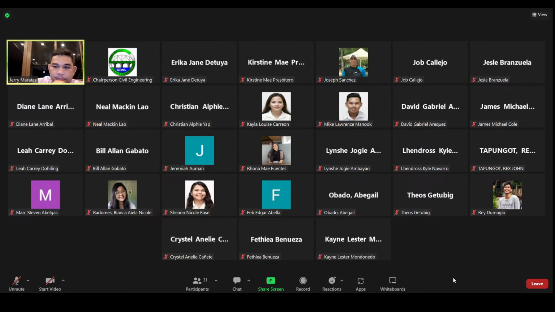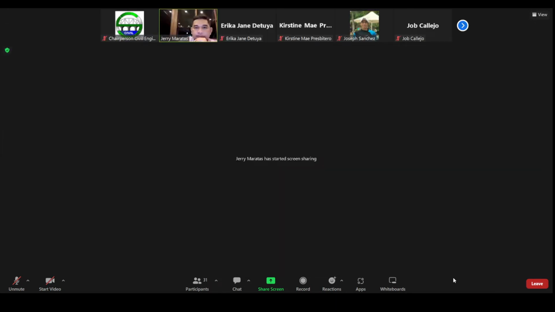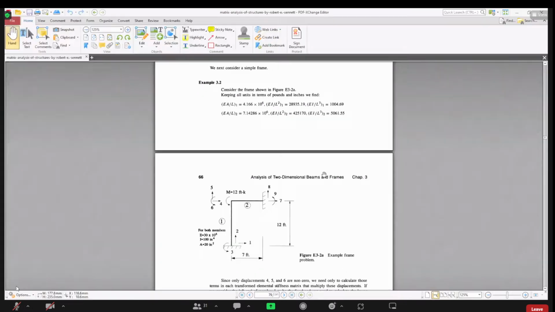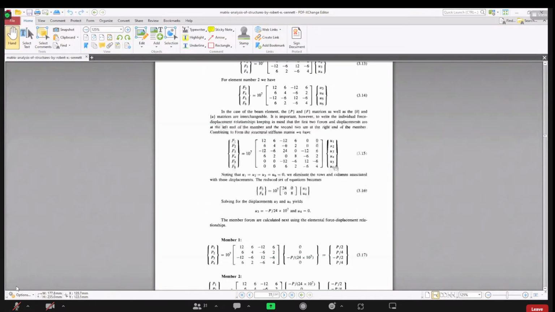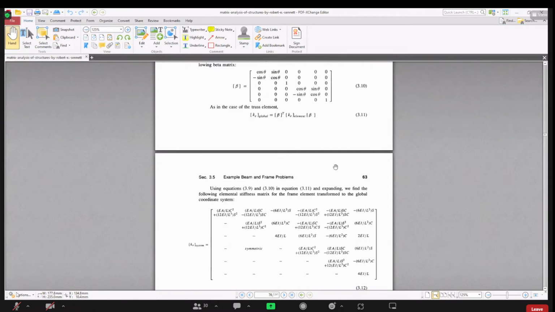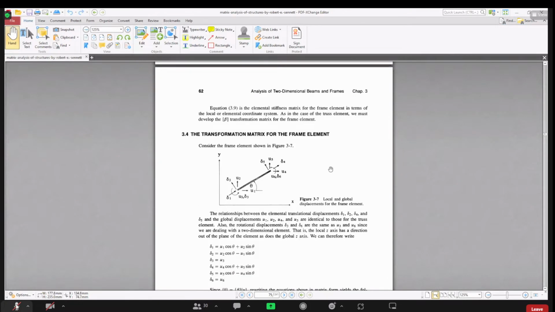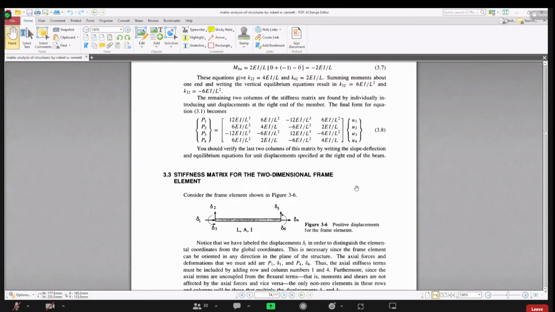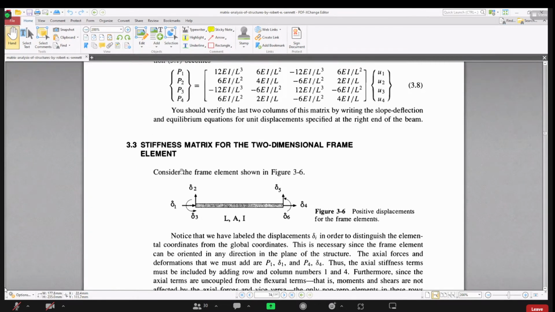By the way, I already posted in our Canvas the assignment for the two-dimensional frames. Okay, can you also see the screen?